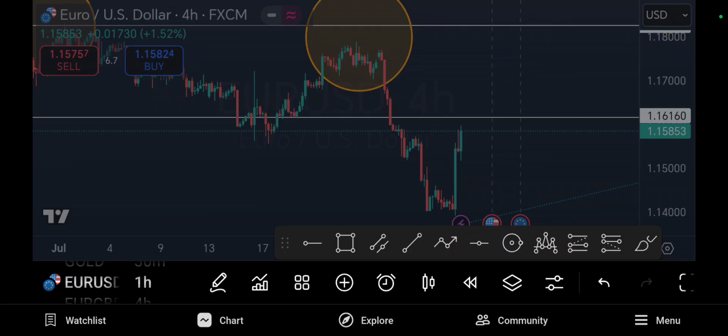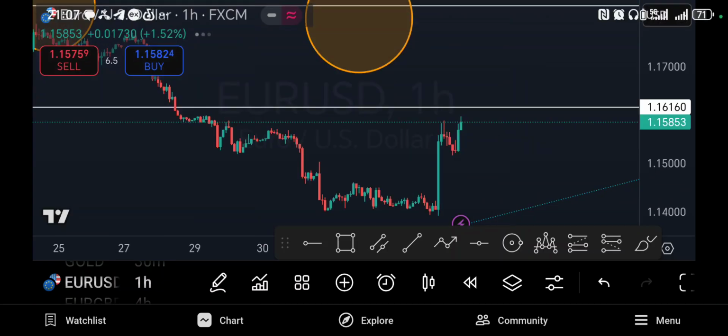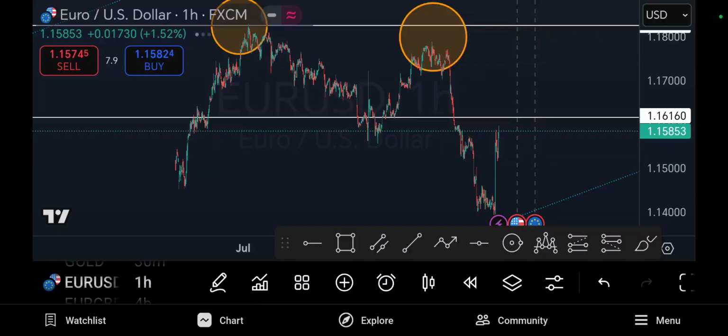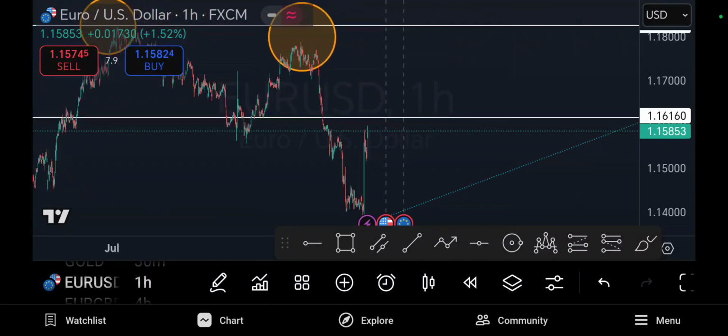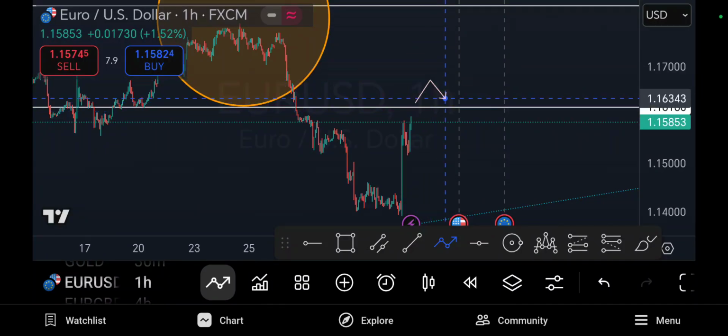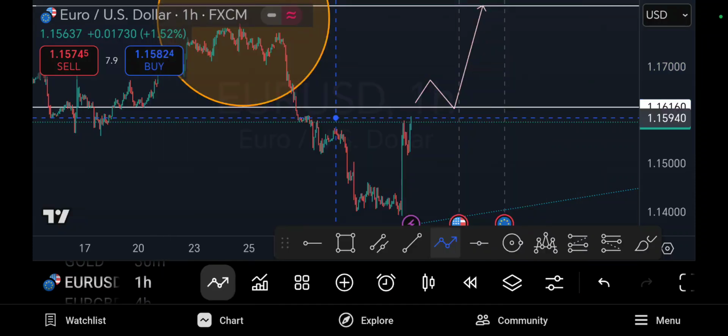I'll be looking at it closely with my sales, but I just want to make something clear. With that being said, either it breaks to the upside, where I can anticipate my buys, or it fails to break, where I can anticipate my sells.